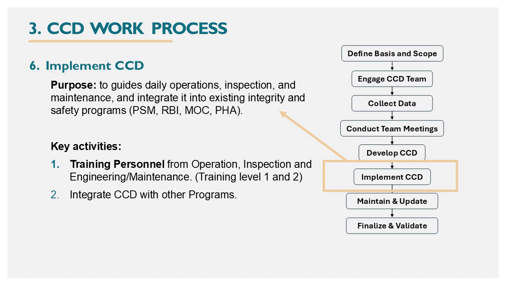The third is RBI: CCD provides input, such as mechanisms, corrosion rates, and IOWs, and RBI outputs feed back into CCD. The fourth is maintenance planning: link CCD recommendations to work orders and update CCD after turnarounds.